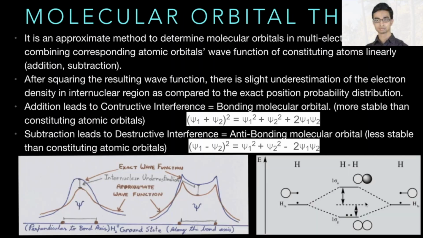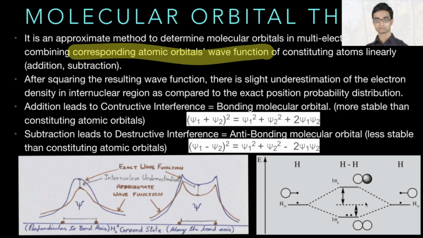To ease up calculations, we tend to use approximate methods to determine molecular orbitals in multi-electronic systems. Molecular orbital theory suggests that an approximate molecular orbital wave function can be constructed by linear combinations, meaning addition or subtraction, of corresponding atomic orbitals of constituting atoms.